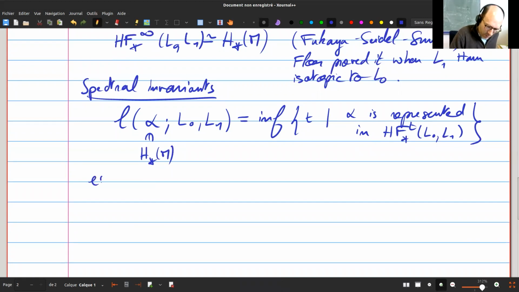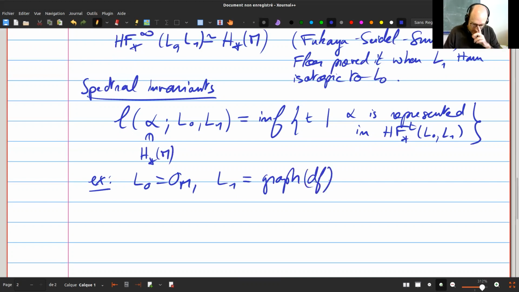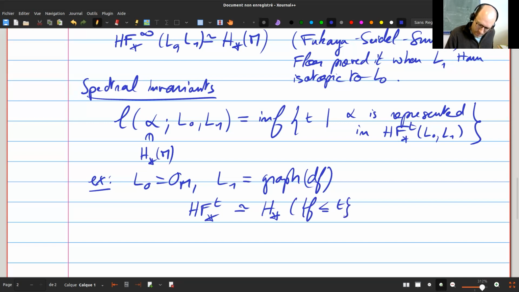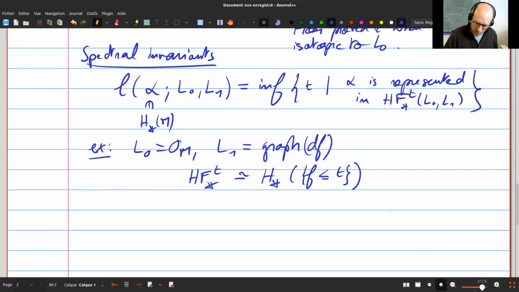And we can even explain this by a picture, on some examples. For example, if you consider the case where L0 is the zero section and L1 is the graph of f, then in that case these homology groups are isomorphic to the homology of the sublevel sets of the function. So in that case, this l of alpha, L0, L1 is really like the lowest level at which the homology class is represented. I can draw a picture.